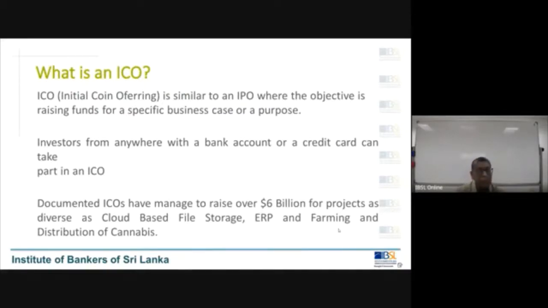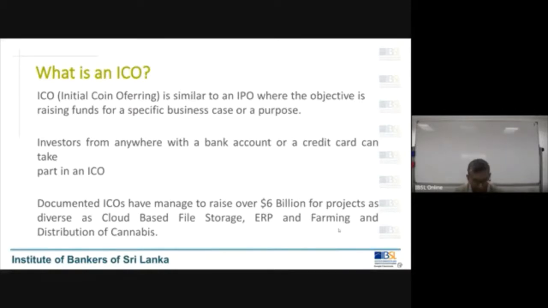And then we have another method to raise money. We call it ICO, initial coin offering. It is something similar to an IPO. ICO is the cryptocurrency industry's equivalent, and it acts as a way of raising funds.